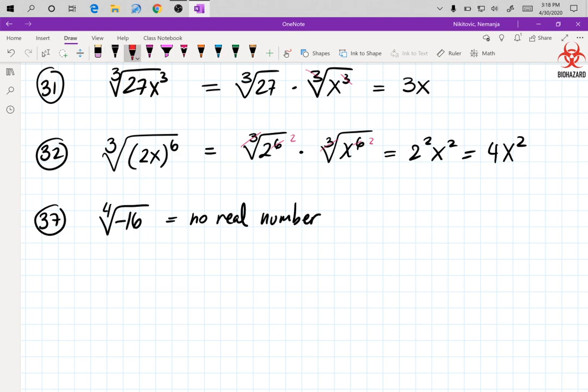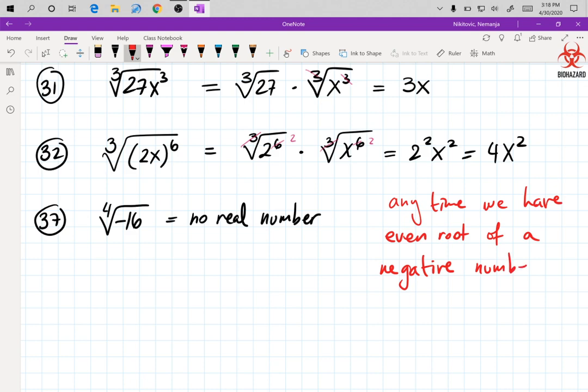So anytime we have an even root of a negative number, we get no real or not real number. It should say not real. There we go.